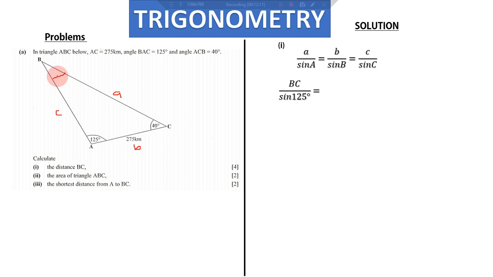And then we subtract 165 from 180. So 180 minus 165, what is it going to give us? Correct, it's going to give us 15 degrees. So angle B is 15 degrees. Here we have 15 degrees.